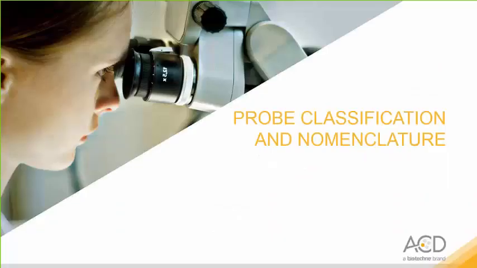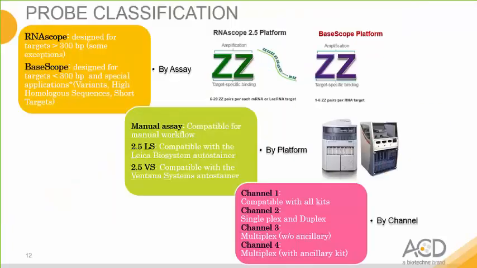To identify the right probe for your experiments, let's now review the basic probe classification and nomenclature as it applies to RNAscope probes. Probes can primarily be classified by the assay type, namely RNAscope probes, which are designed for targets that are greater than 300 base pairs, and BaseScope probes, which are specifically designed for targets shorter than 300 base pairs in length.